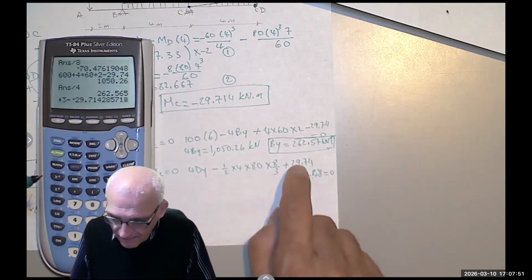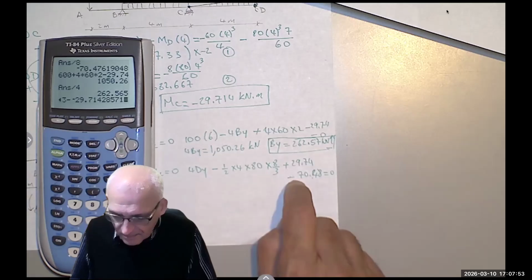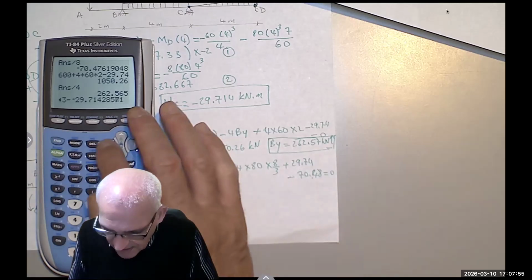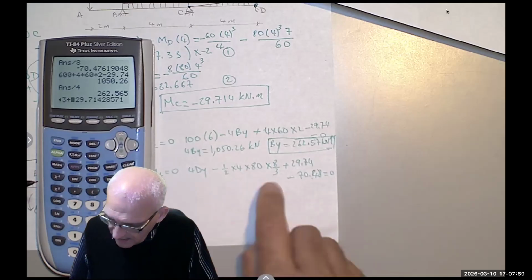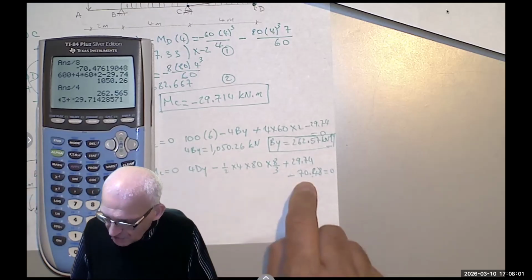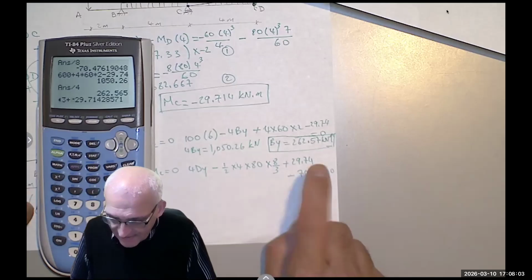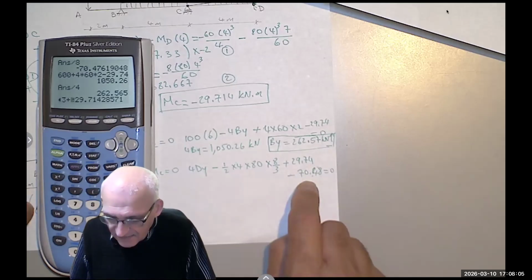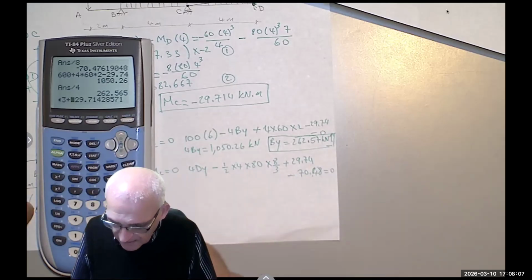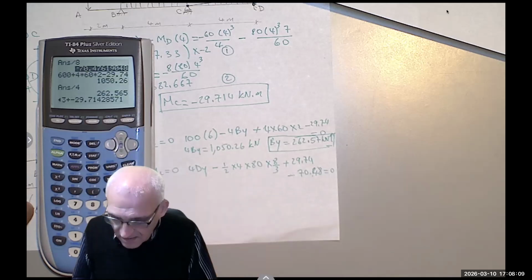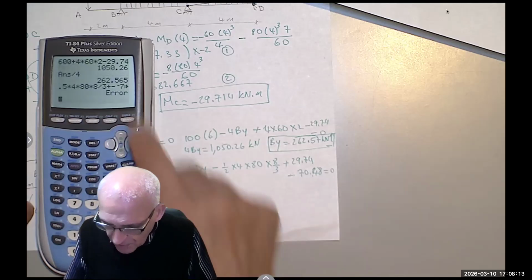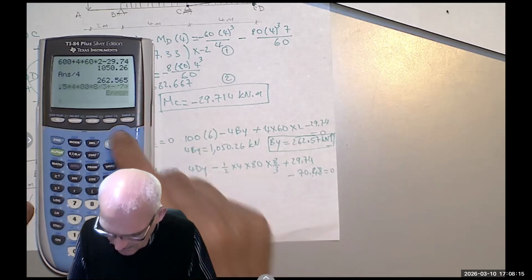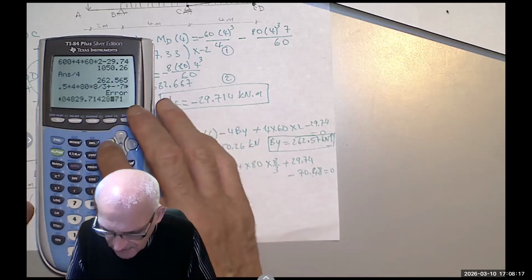Oh, no, since it's negative, then I'm not going to subtract, I'm going to add. And then I'm going to add the 70, it's negative, so minus. Oh, there is a negative here.